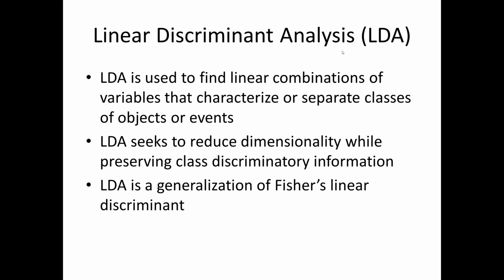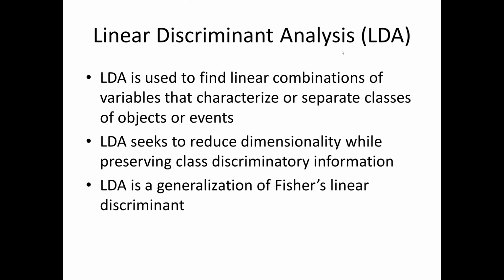So our last method is linear discriminant analysis, or LDA. LDA is a method used to find linear combinations of variables that characterize or separate two or more classes of objects or events. So when we do clustering, we're trying to separate classes of objects in clusters.